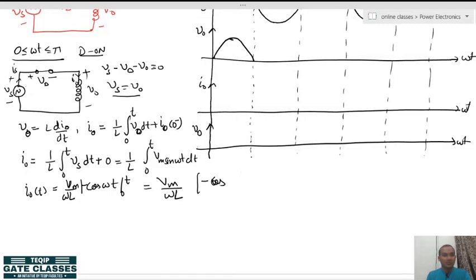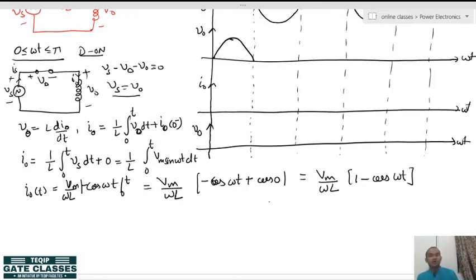So, we can write it like this: minus cos omega t plus cos 0, or Vm over omega L times 1 minus cos omega t. So, you can observe that the load current we are getting is Vm upon omega L times 1 minus cos omega t, for 0 to t.